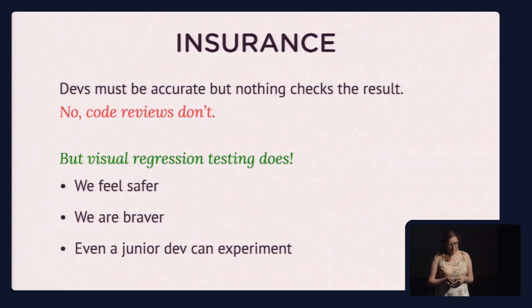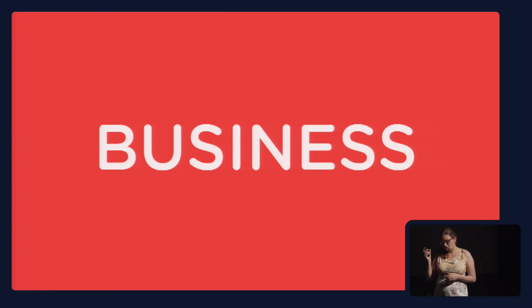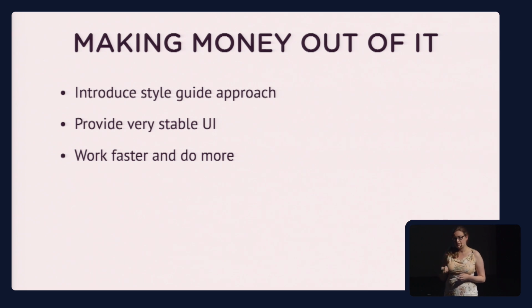For businesses it also works great, because this approach is very easy to sell to business people, because they understand that this actually saves resources and money. And together with visual regression tests, it is possible to sell the style guide approach.